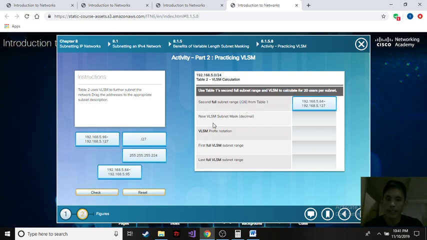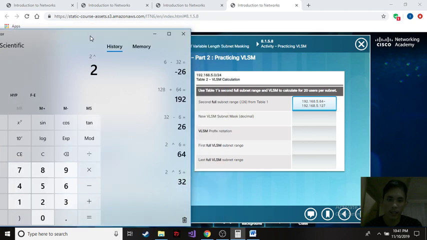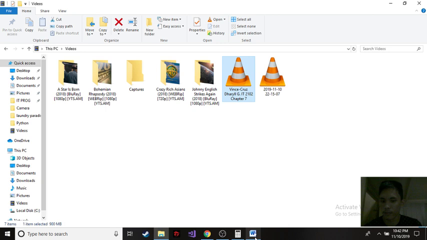Next we need to identify the new VLSM subnet mask decimal. So we're just going to repeat the process. We're trying to calculate a number of hosts per subnet greater than 20. So I think it should be 2 raised to 5, which equals 32, and that should do it.